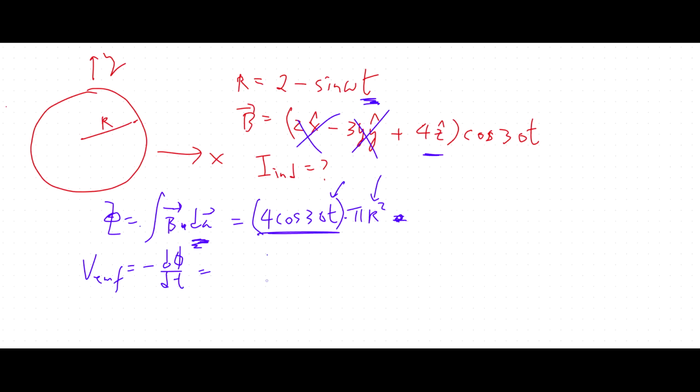Anyway, I'm going to take the derivative of the first function. All the constant is 4π. I'm not doing the R squared, so negative times 30 sine 30t, that's my first term. And then plus, I'm just going to keep everything: 4π cosine 30t, and then the derivative of R squared is 2R dR/dt, right?